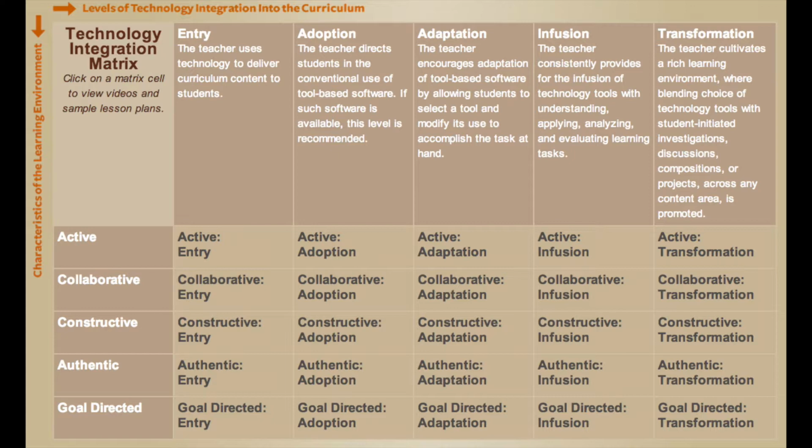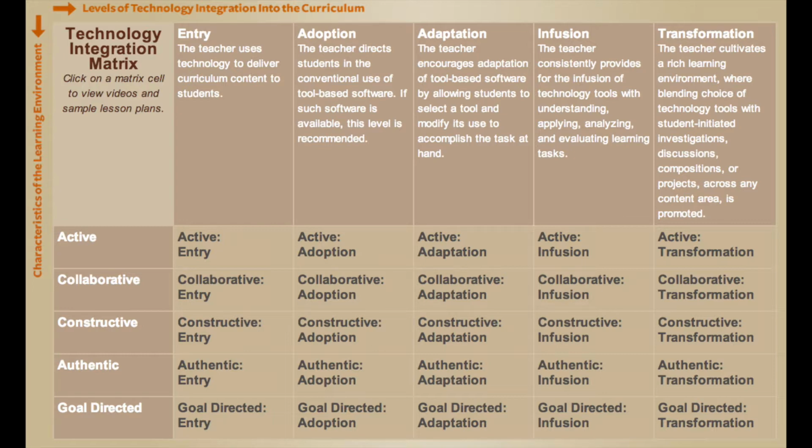What makes TIM different is that you put the different levels of integration with the characteristics of the learning environment. So this matrix has identified 5 types of learning environments: active, collaborative, constructive, authentic, and goal-directed.